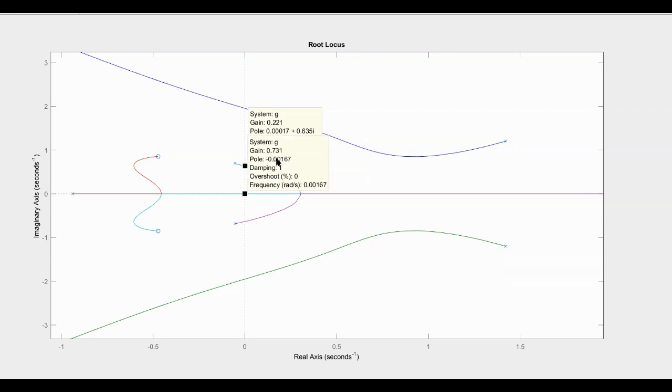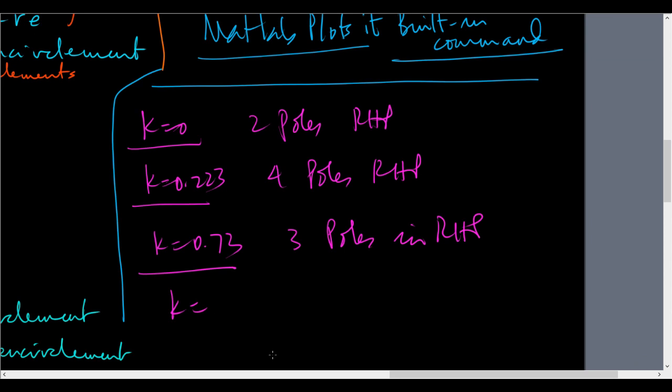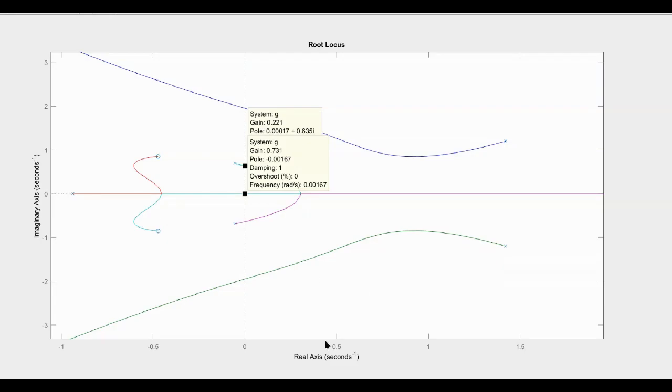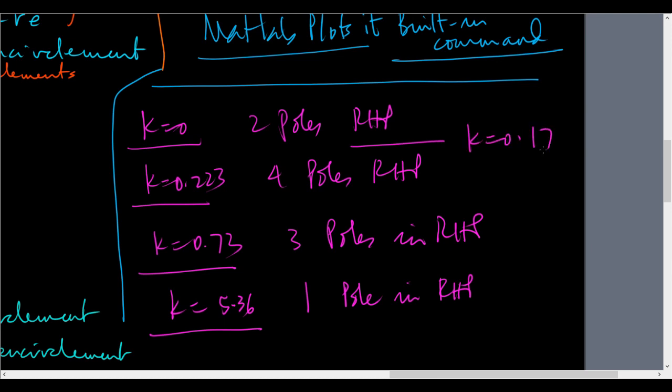K equals 0.73, 3 poles in the right half plane, and K equals 5.36, 2 of them are back in, so only 1 pole in the right half plane. Okay, so let us first try K equals 0.17 or something in between.